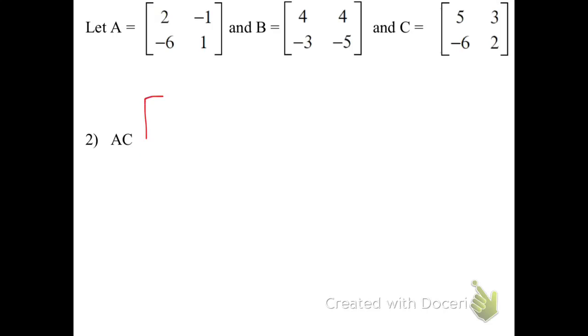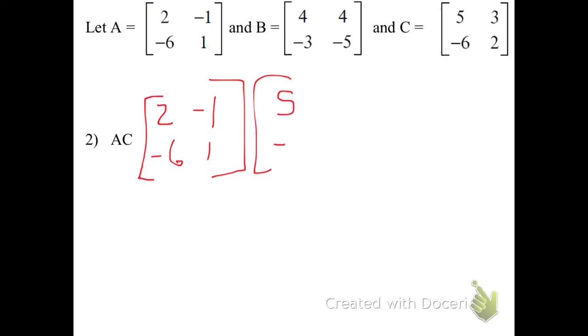We're following like the same exact steps. You got A, which is 2, -1, -6, 1. And you have to times it by C, which is 5, -6, 3, 2. Remember, your rows get multiplied by the columns.